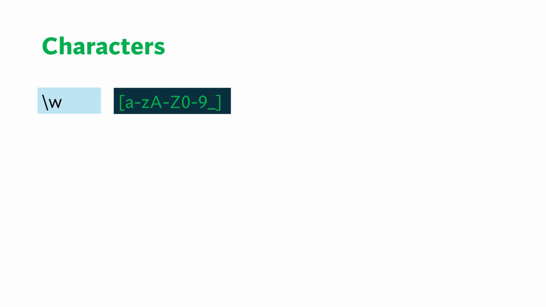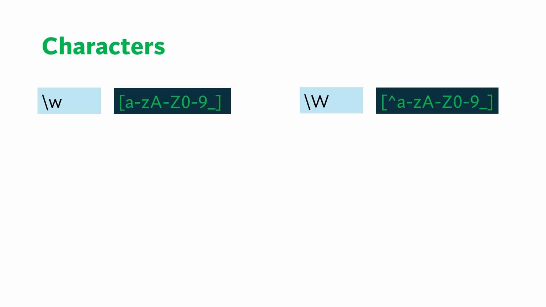The opposite of this special sequence is \W, capital W, which has the following corresponding class. Here, the caret symbol at the beginning indicates that it will match anything except this pattern.